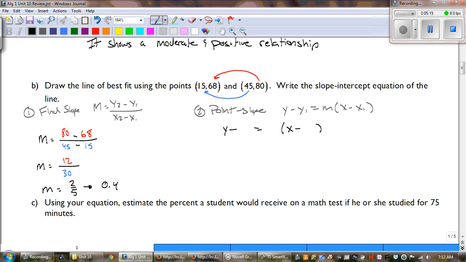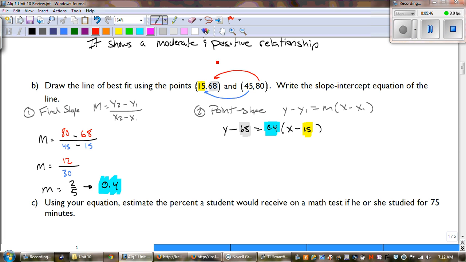Okay, so we just found our slope, so that's what we're going to plug in here. And then you can pick any point. It doesn't matter which one. So I'm going to do the one with the smaller numbers. And that's where the 68 and the 15 come into play.